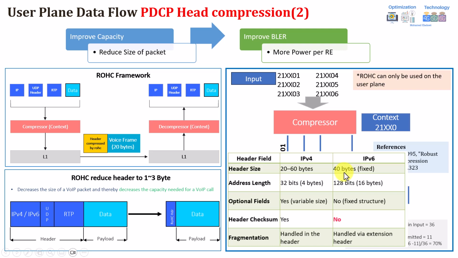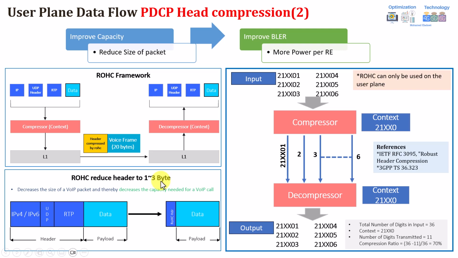If you compress this, it can go down to only 3 bytes. So assume now if you have small packets, this will be very useful. Here the compressor at the transmitter will be aligned with the header decompression functionality in the receiver. The IP version 4 and 6 headers will be reduced to 1 or 3 bytes.